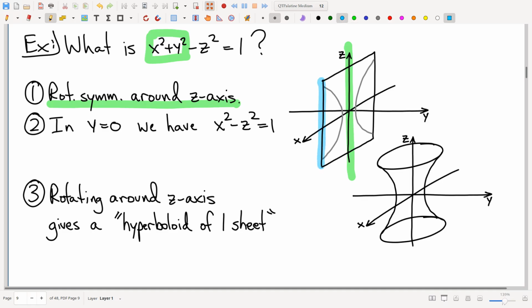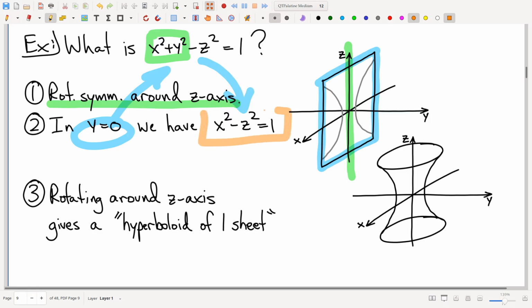Now, just to mix it up, let's pick the xz plane, which has this equation, which I can toss into there, which then becomes this, which we all recognize as a hyperbola, specifically that hyperbola.